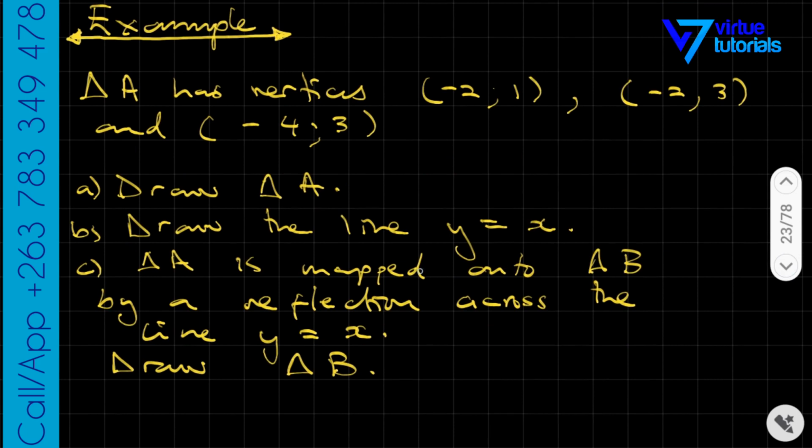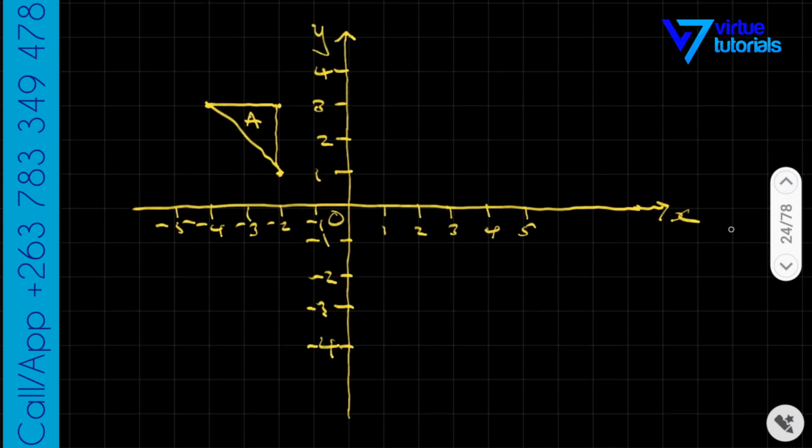Okay, so now draw the line y is equal to x. If you haven't done lines, please go and watch the video series on lines, and you will learn all about lines. But what we know about these lines is if you're going to draw them, you need a table of values.